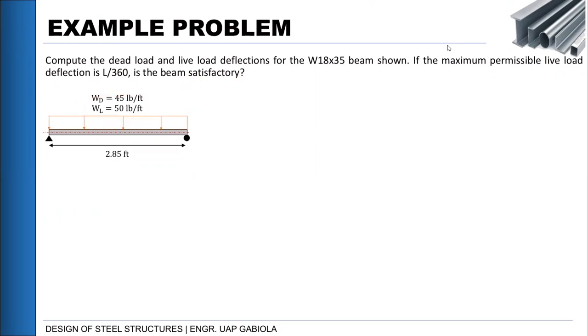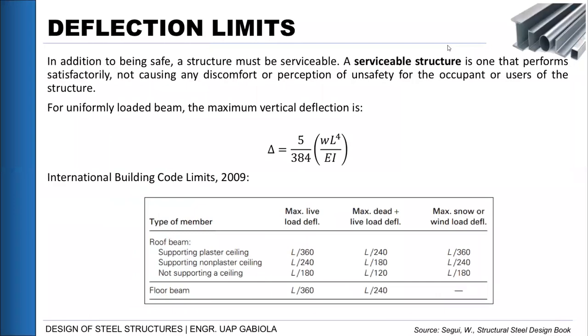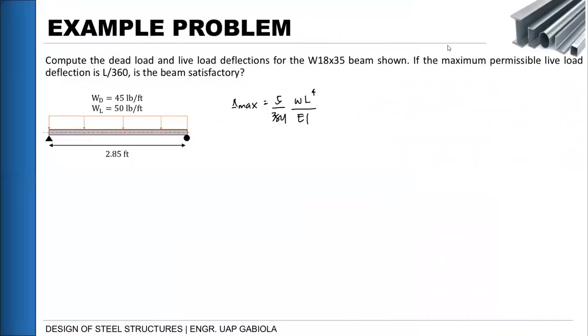So kailangan kunin muna natin yung maximum deflection due to our beam. Since this is a distributed load na simply supported, so 5/384 W L to the fourth over E I. Okay, so let us check. Oh, yes, correct, ano? So, yan yung formula natin. So, ang nawawala na lang dyan is yung data natin, kung ano yung inertia natin. So, 18/35 tayo.